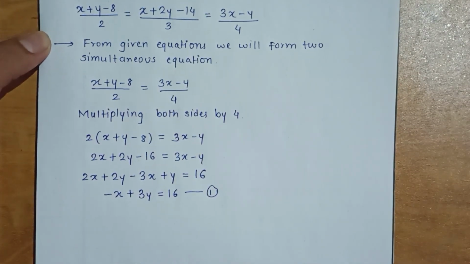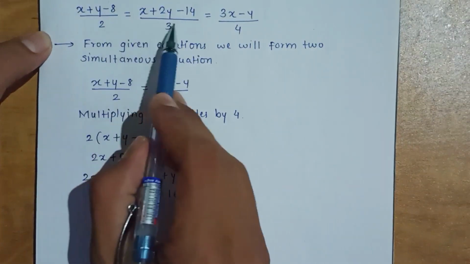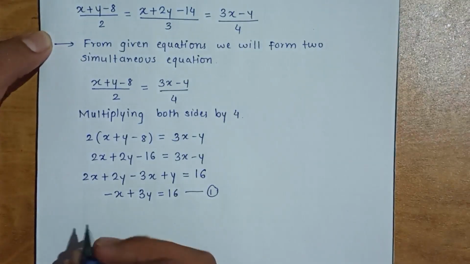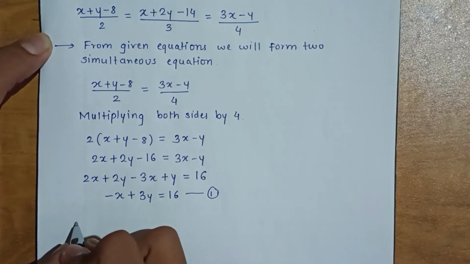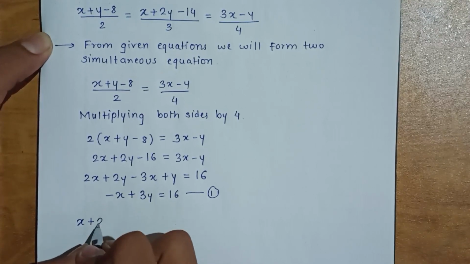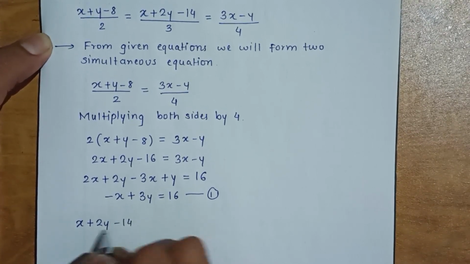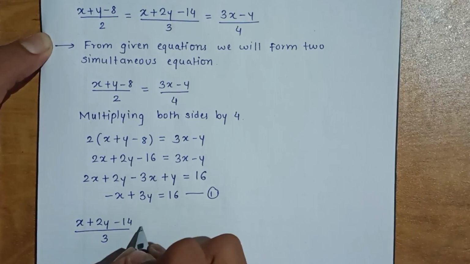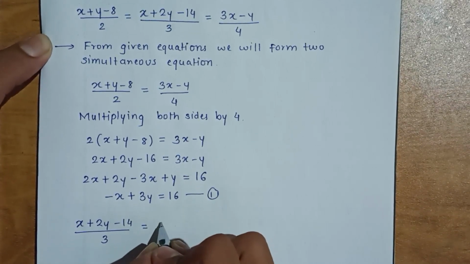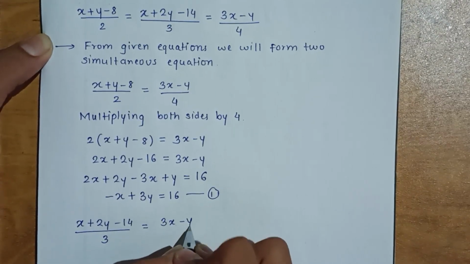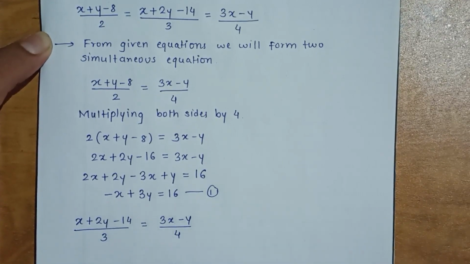For equation number 2, we will take this term and this term. So we get (x + 2y - 14)/3 = (3x - y)/4.